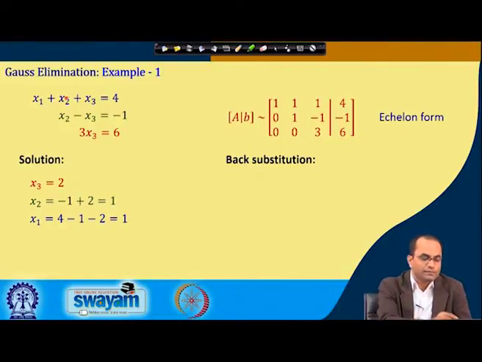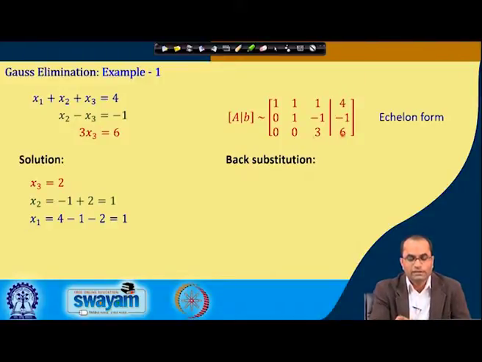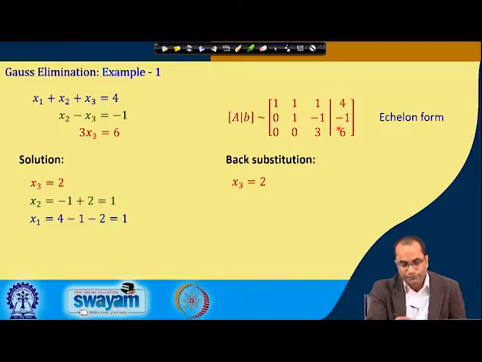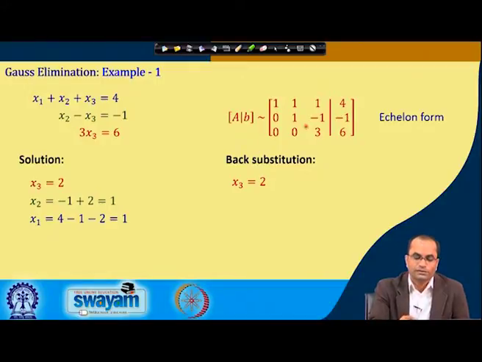We should always keep in mind that corresponding to this we have actually the system of equations given on the left. So, here we have 3 x 3 is equal to 6, that means x 3 is 2. Then this x 3 is known, and from this we will go step by step upward. From this equation we will get the x 2 variable. So, x 2 will be minus 1 plus this x 3 which is 2, and then we will get 1.